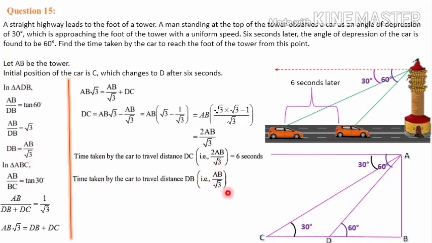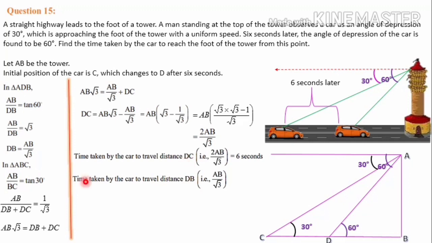Comparing DC and DB, DC is 2AB by root 3 and DB is AB by root 3, with no 2. This means DB is half of DC.